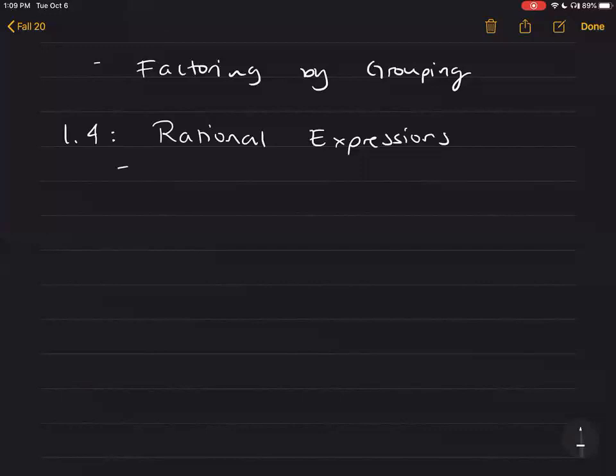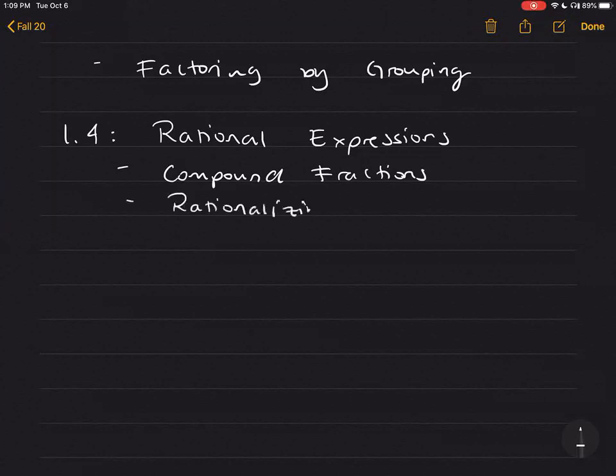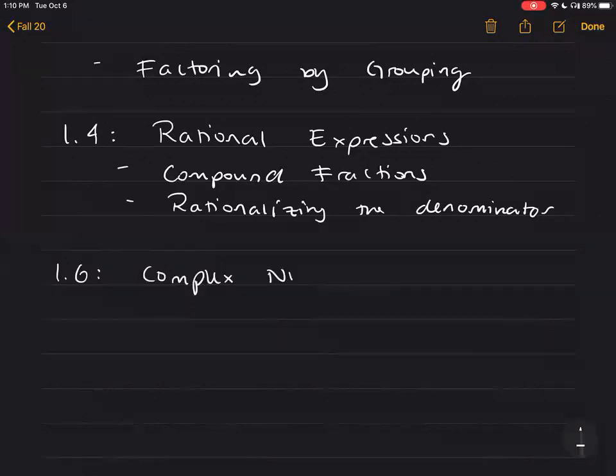But within that section, we also talked about compound fractions and rationalizing the denominator, or at least in more generality. 1.6 was complex numbers, which was very short, just covered the basics.